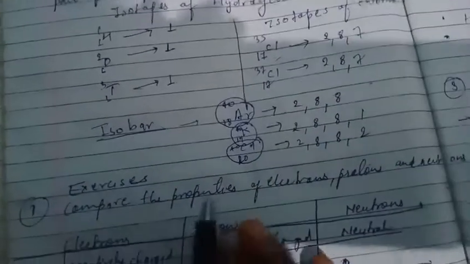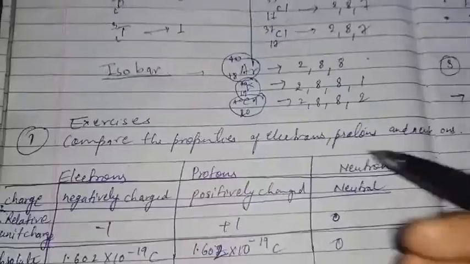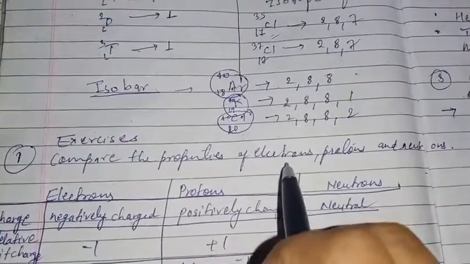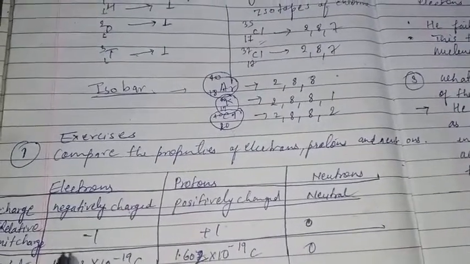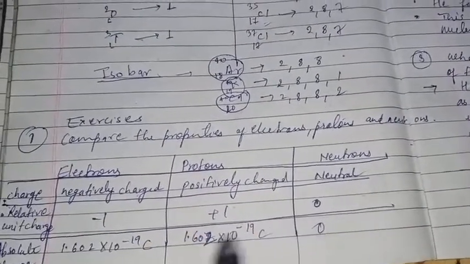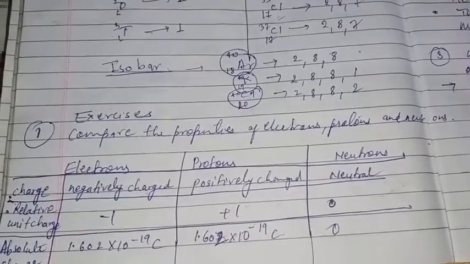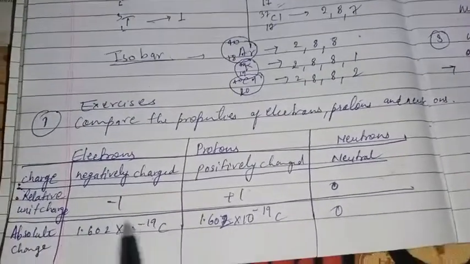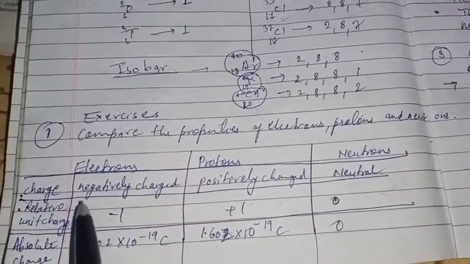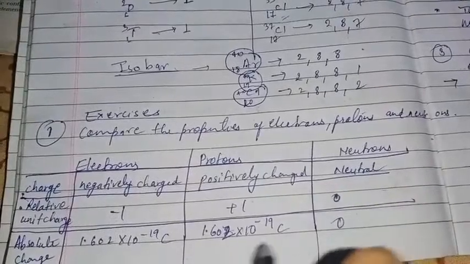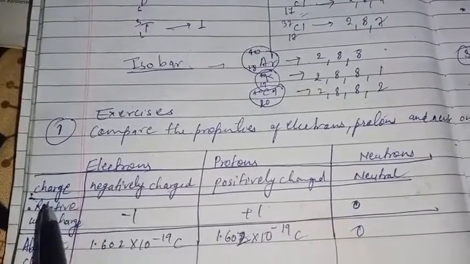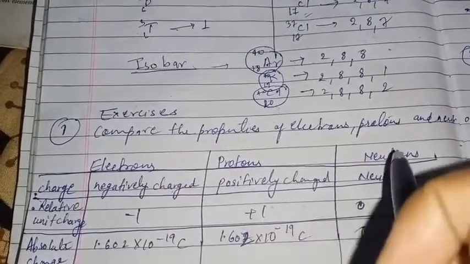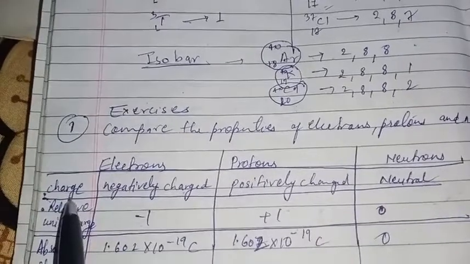Comes the exercise question. Compare the properties of electrons, protons and neutrons. Okay, so for that again you should tabulate and write the properties like this only. I have made some rows and columns here, so you can do it like that. First I have compared electrons, protons and neutrons with charge.